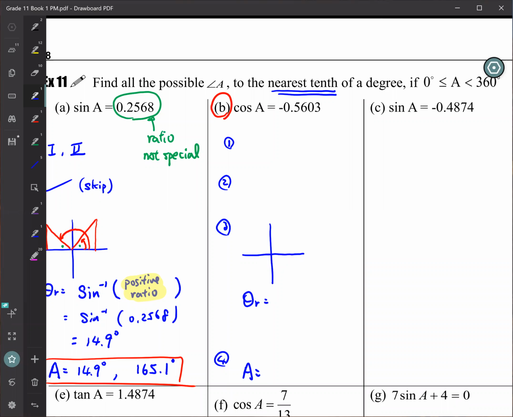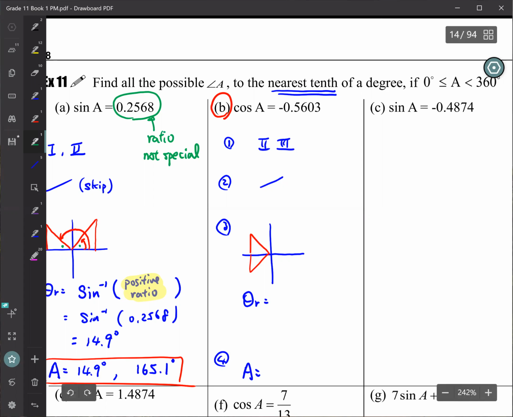Okay, Brandon, can you tell us step 1? What's your answer? Quadrant 2, quadrant 3. Thank you. 2 and 3, that's correct. Okay, Jenny, step 2, we skip, right? So what do we do on step 3? We just draw in the green dots.